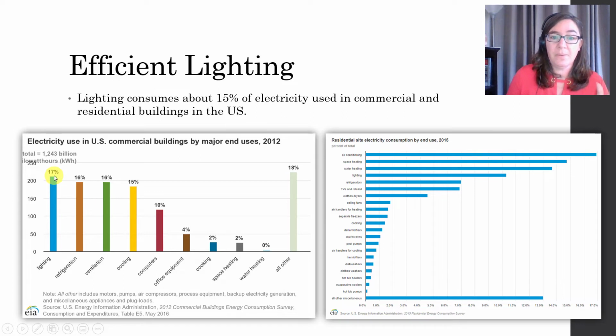It's a large amount. Over here on the right, they formatted it differently, but let's take a look at the lighting. It's the fourth one down. For residential buildings, it looks like somewhere between 10 and 11% of the energy used in that building. So that's a large amount.